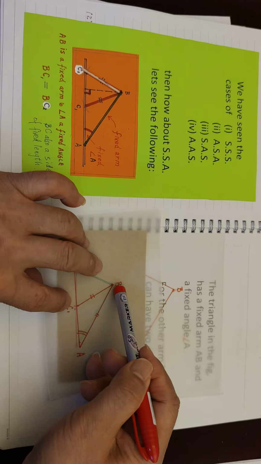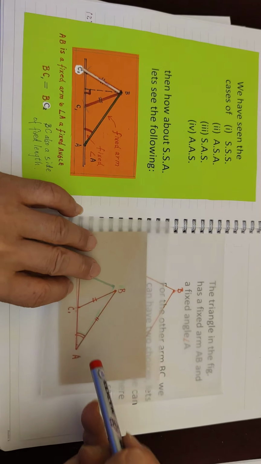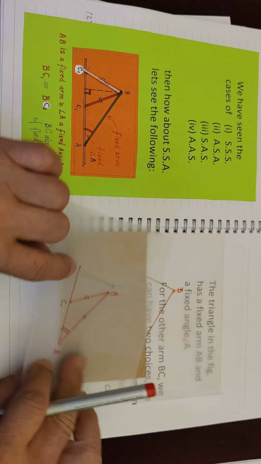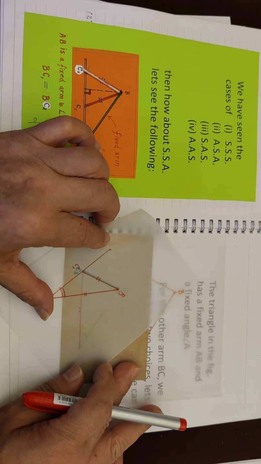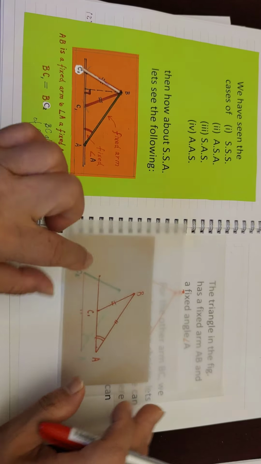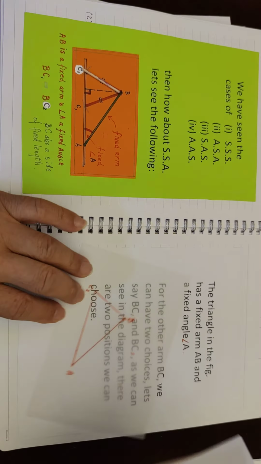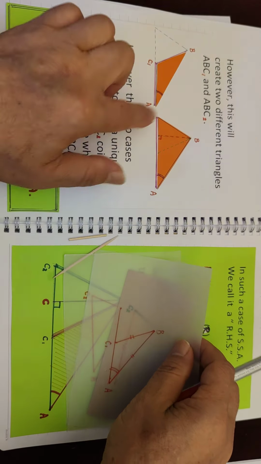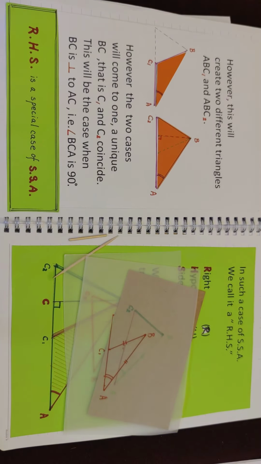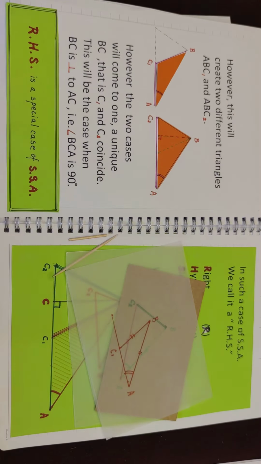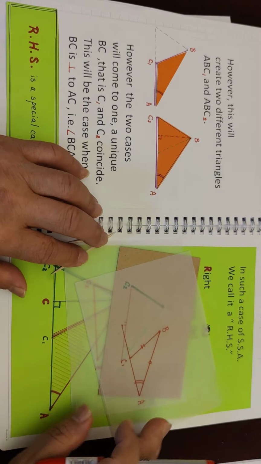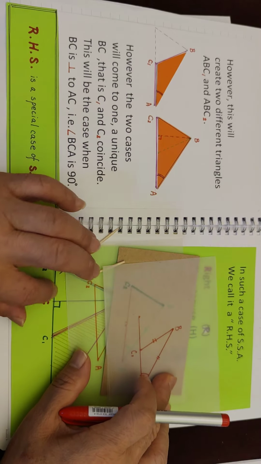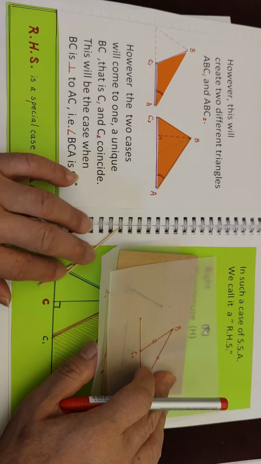They both have one fixed side and one fixed angle, and the other side also the same. So in this condition, we can have two different triangles. So SSA is not a sufficient condition for two triangles to be congruent.